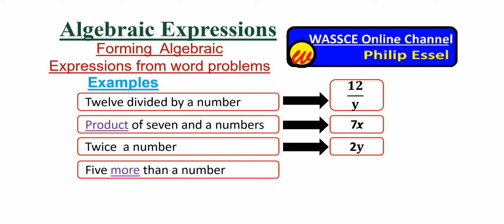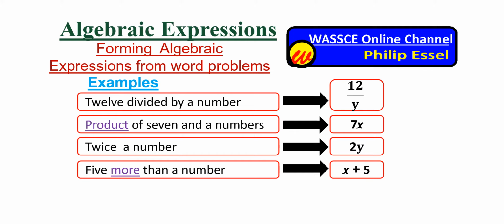Our next word description states 5 more than a number. The first question we should be asking ourselves is, how do we get more? We get more by adding. For you to get more, you have to add.